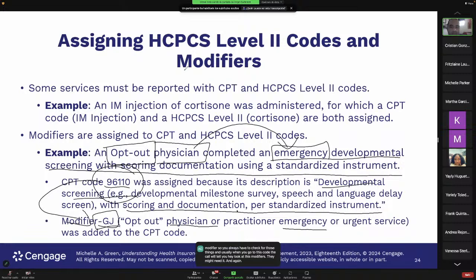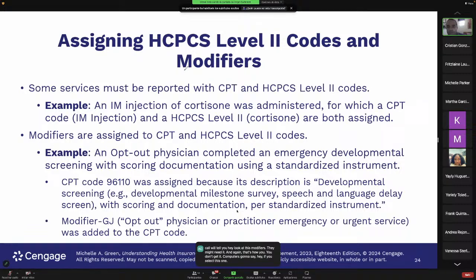And again, that's how you're gonna get it. Computer's gonna say, hey, if you select this one, these are options of the modifiers that we can use. I mean, it could be 1, 2, 10, and then you check which ones you can use, or if you don't have to use it, then if this example said this, a physician only without the opt-out, then we do not need the modifier here at the bottom. Yes, no, maybe, simple, complicated. Are you getting it?